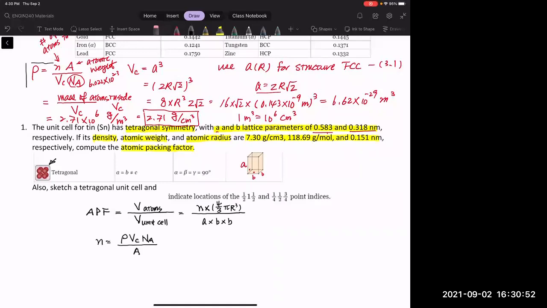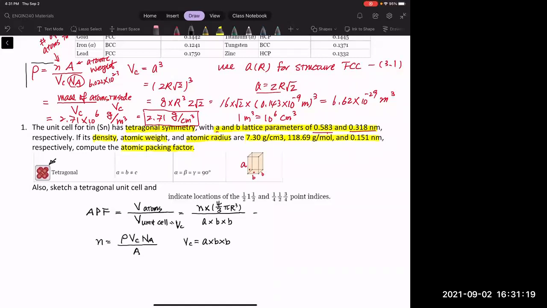Now again, what is the V sub C? Well, the V sub C is equal to A times B times B. This is the V sub C. I'm not going to do all this calculation here; you can just punch in the numbers, all given there.